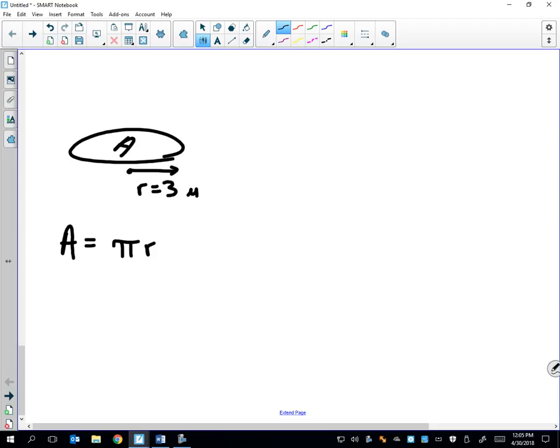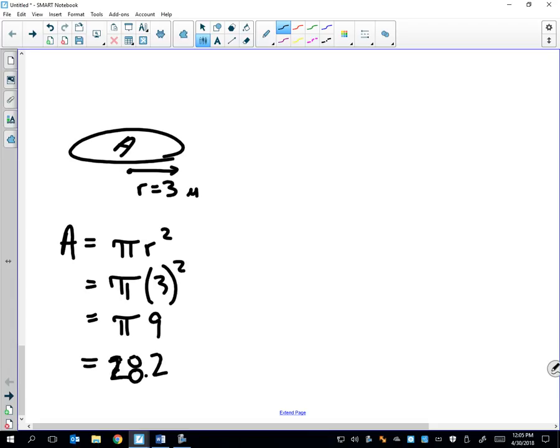Pi r squared is the area of a circle. Pi times 3 squared is pi times 9. I'm writing out every little excruciating step, which you don't always have to do, obviously. 28.26 units squared.